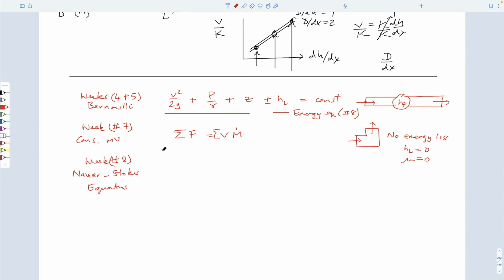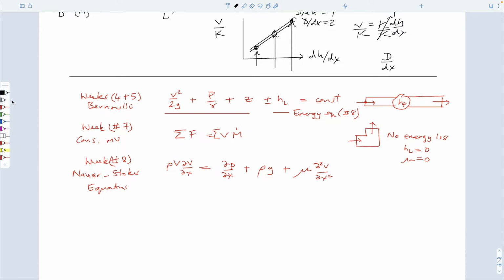They come out to be rho times velocity times rate of change of velocity, I'll just write them out, equals minus dp dx. This is pressure, not density, plus rho g, plus viscosity mu times the second-order d2v dx squared. That's kind of paraphrasing it.